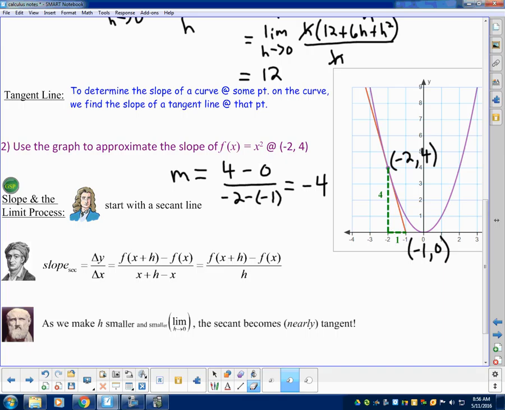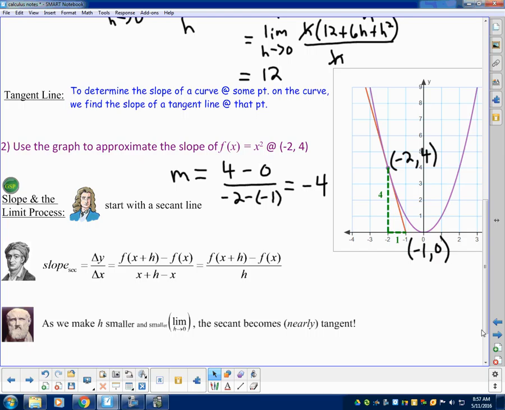And that's where that difference quotient comes from. As we make h smaller and smaller and smaller, we're sliding those points together. The secant line becomes nearly the tangent line. Okay? As we slide those closer and closer together, the secant line becomes nearly the tangent line.